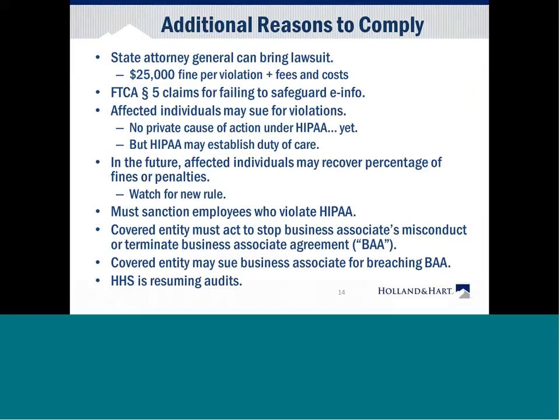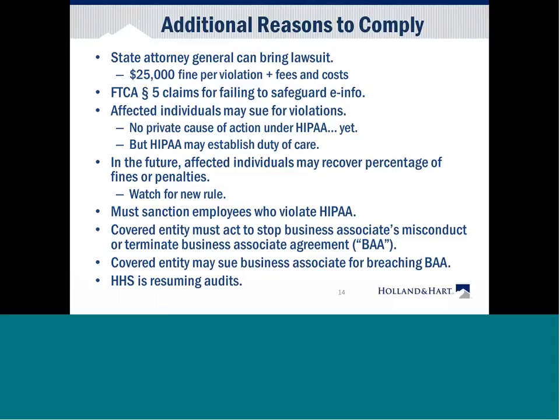The FTC has been filing complaints against entities that did not adequately protect or secure their customers' electronic data. The FTC has filed over 50 complaints against entities so far. So you may not only have to worry about HIPAA if you don't have appropriate safeguards in place, you may have to worry about the FTC.